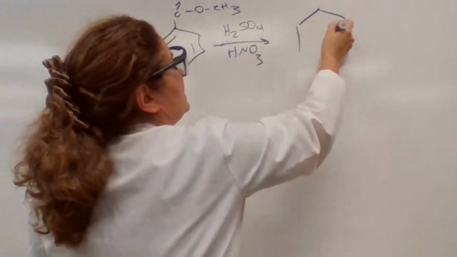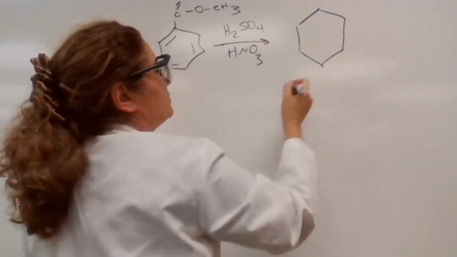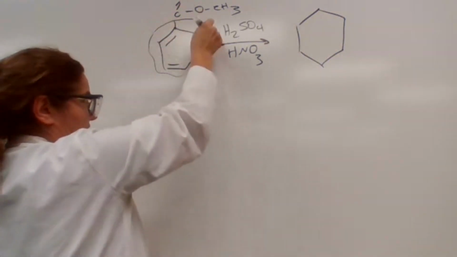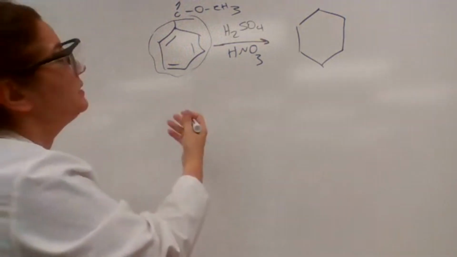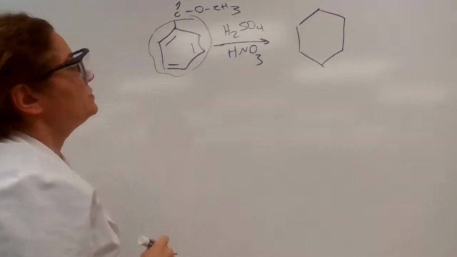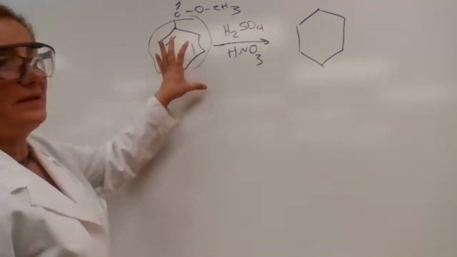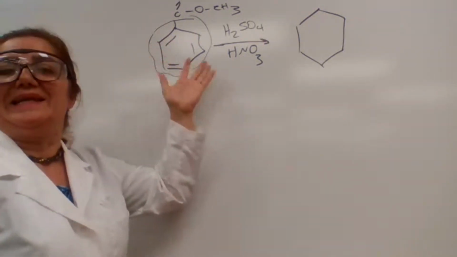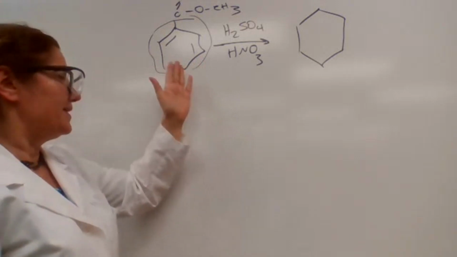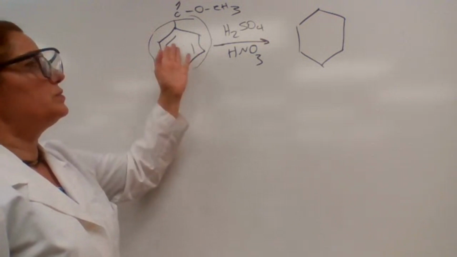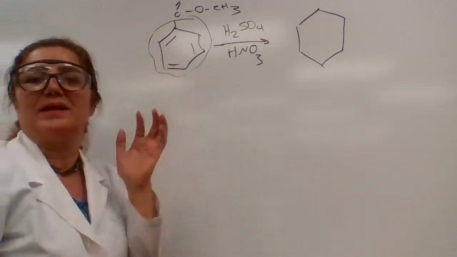Nitronium ion is a very strong electrophile, and for those of you who have already been introduced to aromatic compounds, the aromatic ring is very stable. For any type of reaction, we must have a strong, aggressive group to attack the aromatic ring.